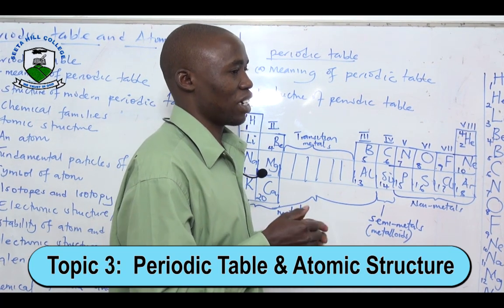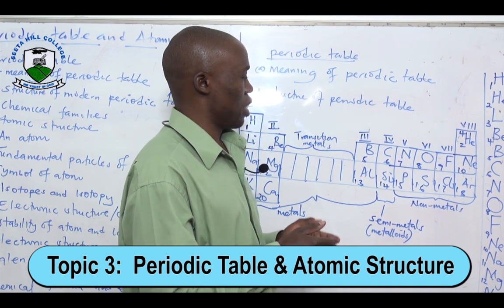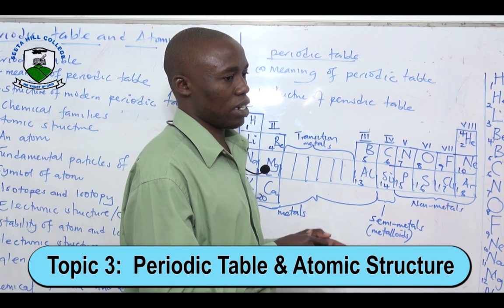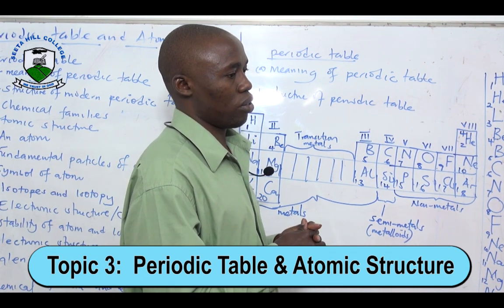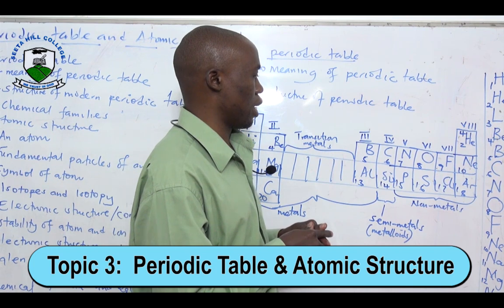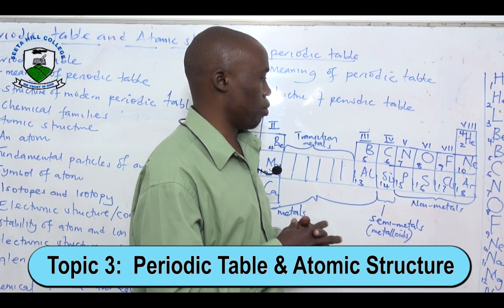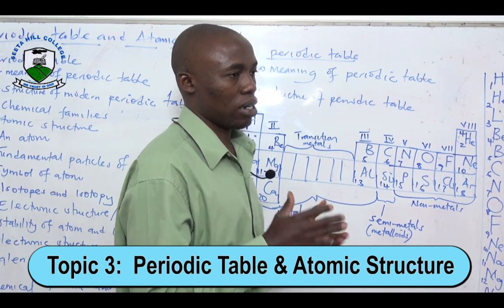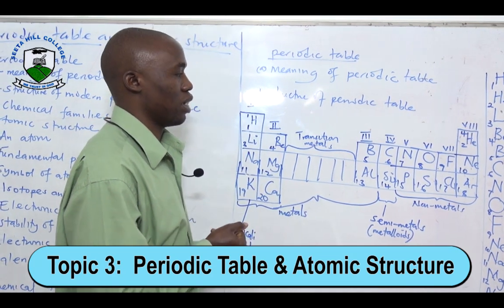That can tell you the color of these elements. Phosphorus is in three forms, three colors: red, white or yellow. Sulfur is yellow.